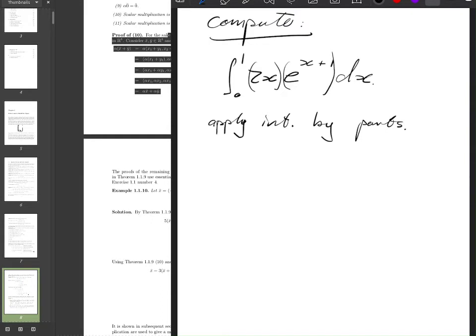So we see here we've got a 2x. If we take the derivative of 2x, we just get a constant 2. So that is simpler. So we should guess that that should be our f and that should be our g prime. And let's see what happens.